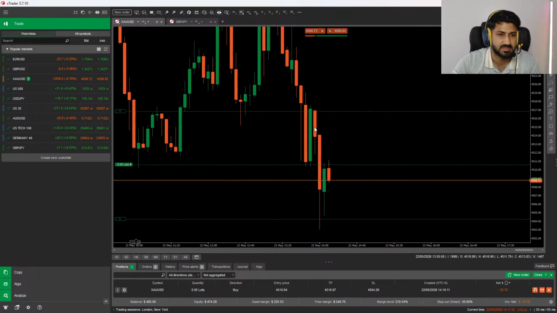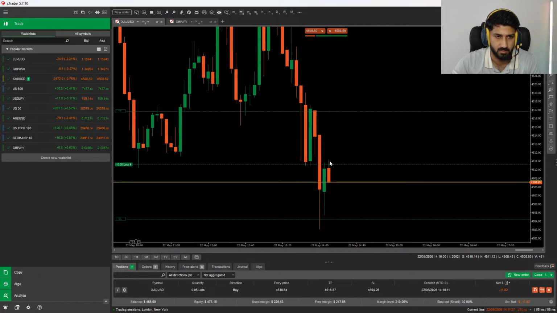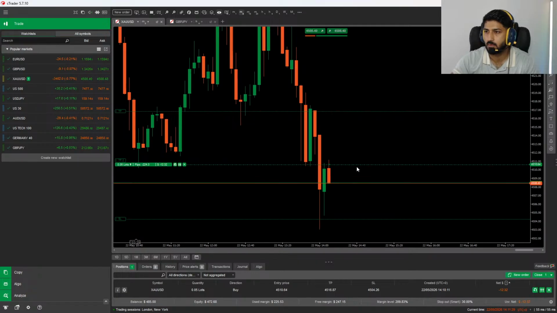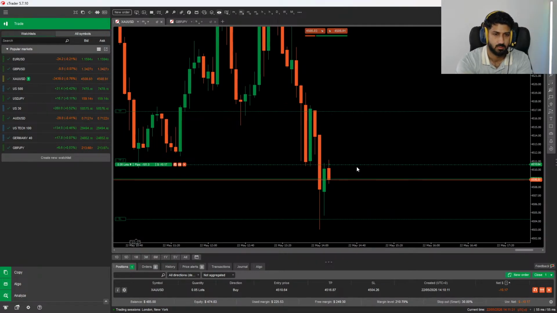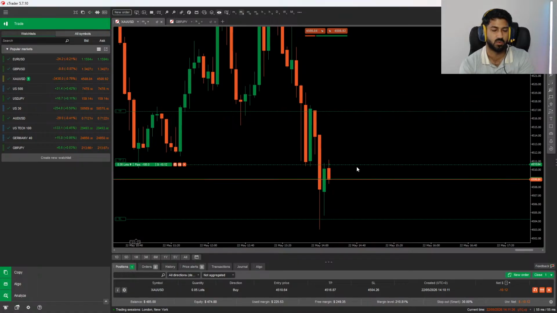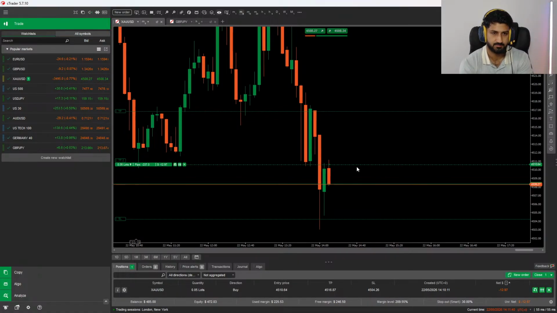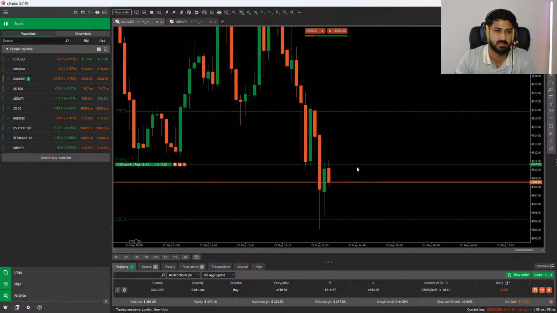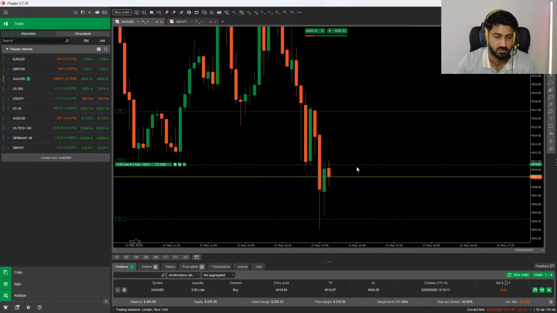Yeah, see, price is in a downward momentum. Why am I buying here? Just because of one candle confirmation, I entered a buy. But overall, the momentum is bearish.